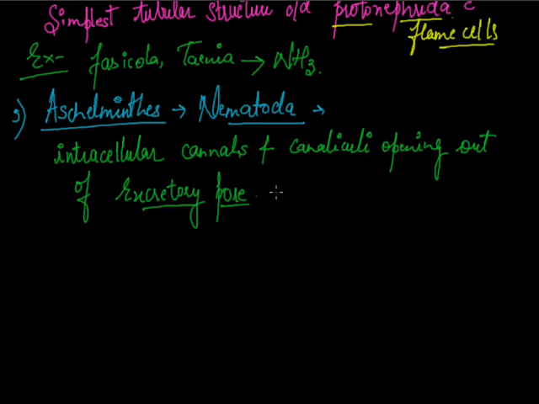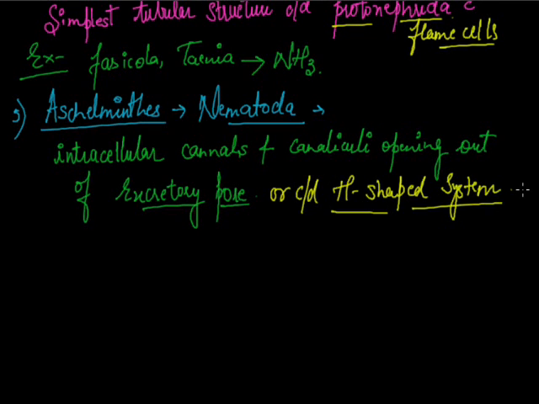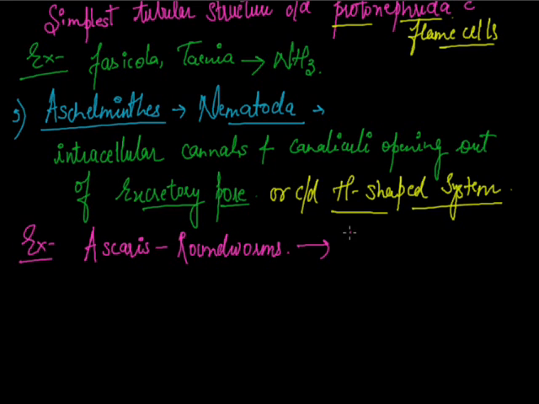They are also called an H-shaped system because their appearance is like the H-shaped alphabet. A very good example is Ascaris, which are roundworms. They also excrete in the form of ammonia.